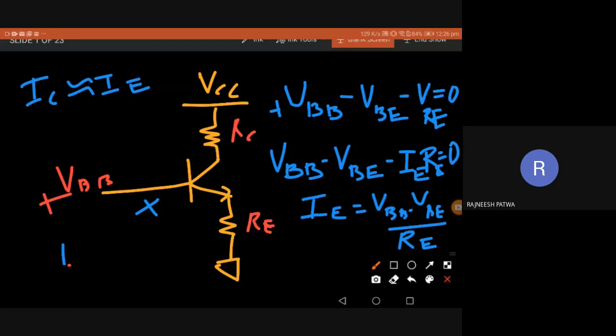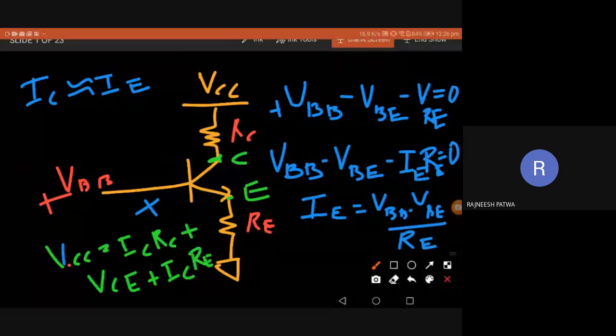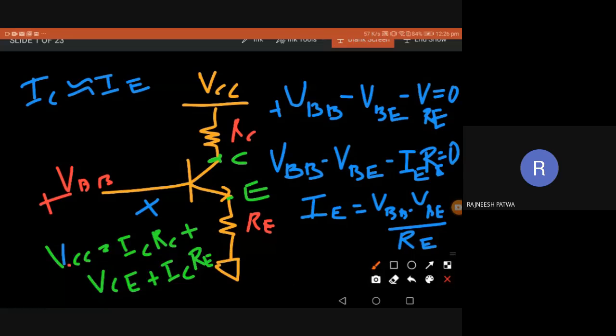Now once we have IC, we know how to calculate VCE. VCE is the voltage across the collector and emitter. We apply Kirchhoff's law in the output circuit: VCC equals ICRC plus VCE plus IERE, approximating IE as IC.